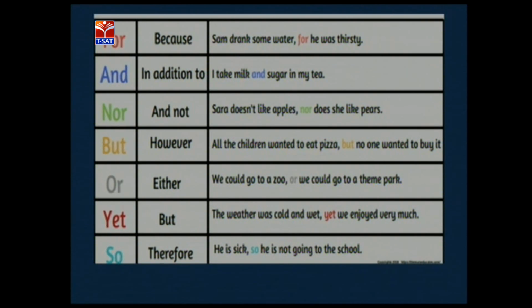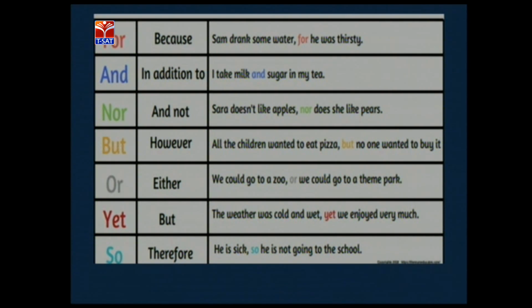We combine these two ideas by using for, and it connects problem with solution. The problem is he was thirsty, and the solution is Sam drank some water.